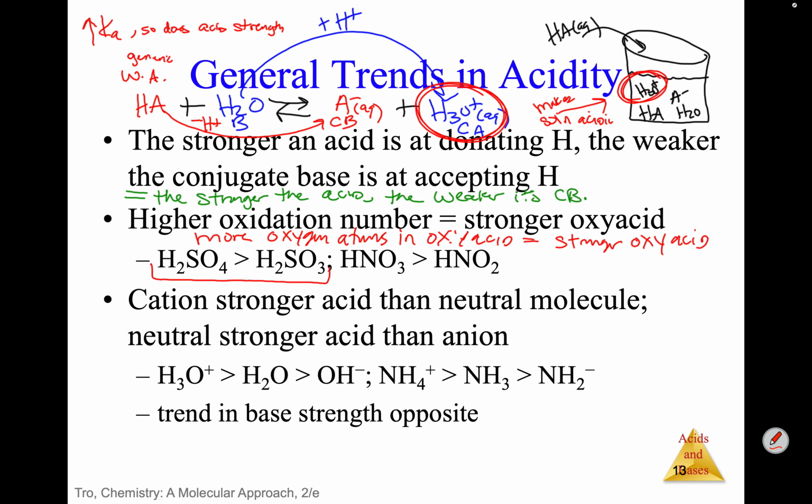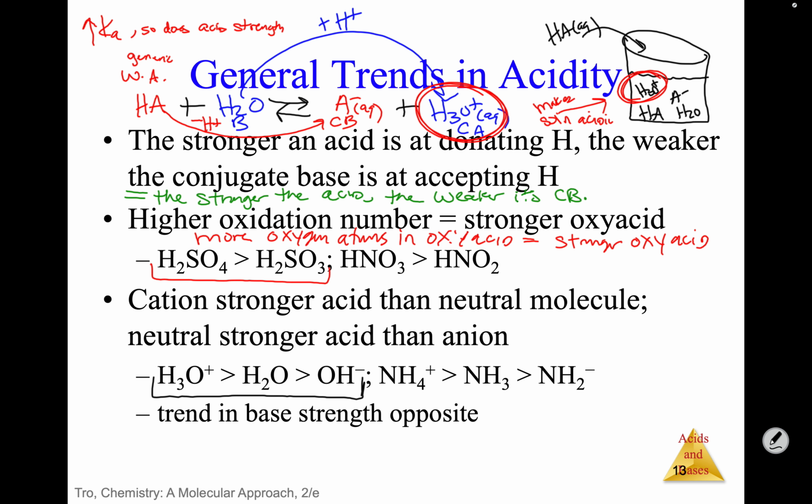Also within a series, the cation is a stronger acid than the neutral molecule, and the neutral molecule is a stronger acid than the anion. Within a series means all I'm changing is the number, in this case, the number of H's. If we look at water as the neutral point, the cation is acidic, the anion is basic, and water is neutral. That makes sense too. I know my acid is a proton donor.